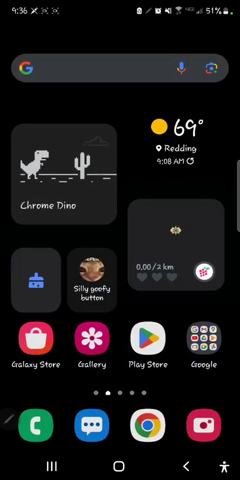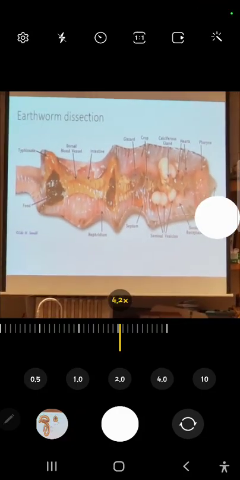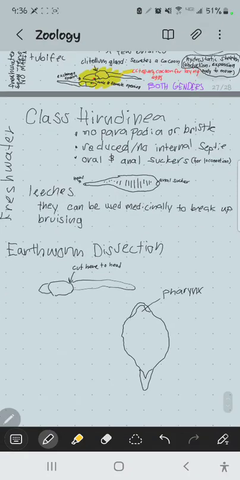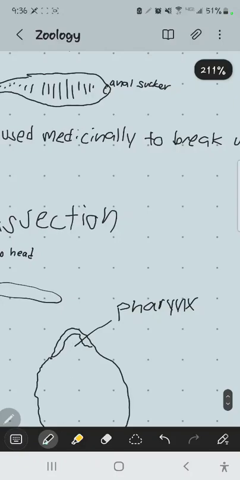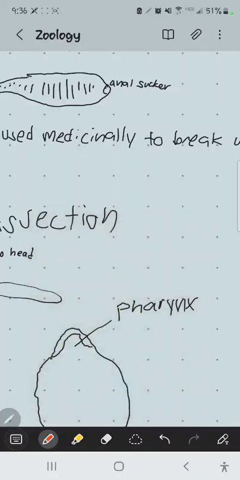One is at the very head end: the pharynx. There is an esophagus. I'm not going to label it because you won't be able to see it. The esophagus is covered with other stuff. But this tube here is the esophagus.